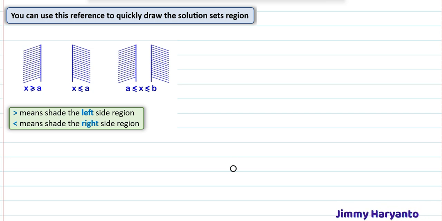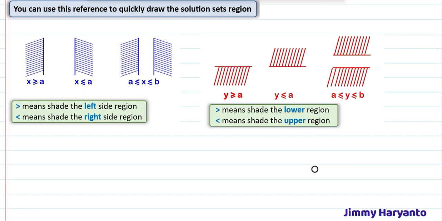For the vertical line x equals a, greater than means you have to shade to the left. Less than means you have to shade to the right side of the region. For y equals a, the horizontal line, greater than means shade the lower region. Less than means shade the upper region.